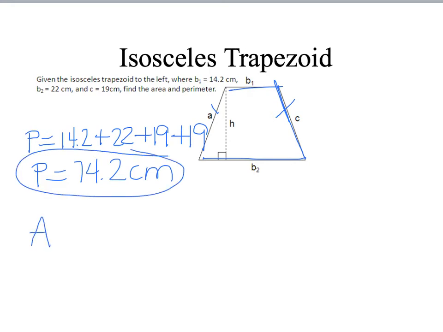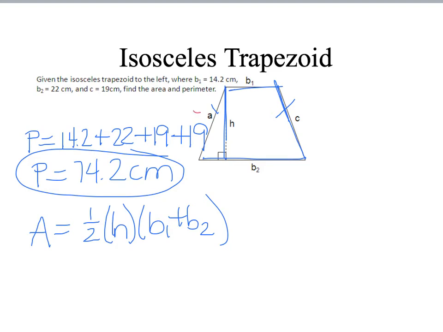And then area is equal to 1/2 times the height times the sum of the bases. Well, the problem I have here is I don't know what the height is. I do, however, know that A is 19 centimeters.